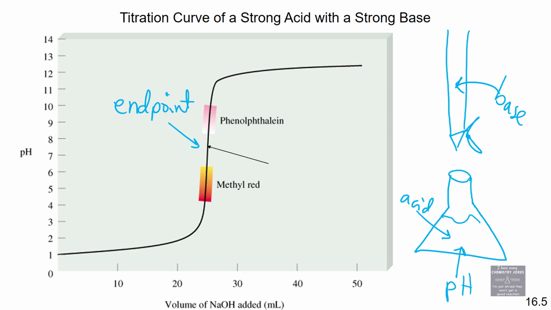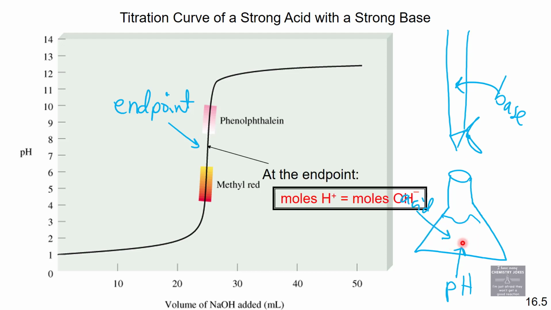It's the point where you've added precisely enough base that in this Erlenmeyer in the bottom, the moles of your unknown acid that you began with is exactly equal to the moles of base that you have dripped in. So at the end point, at the equivalence point, moles of acid is equal to moles of base.